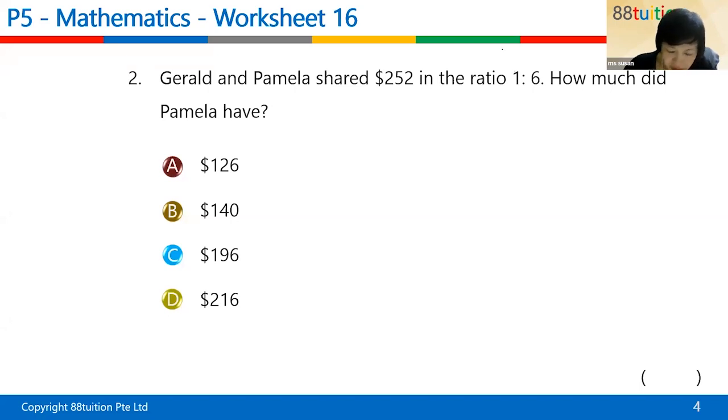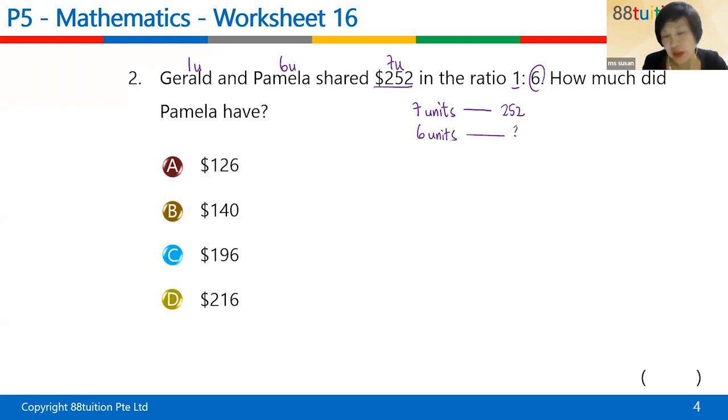Now 1 is for G, so this is 1 unit. Pamela is 6, so 6 units. And they share 252, which is meant for 7 units. So when 7 units will give you 252, Pamela has 6 units. We are going to find 6 units.